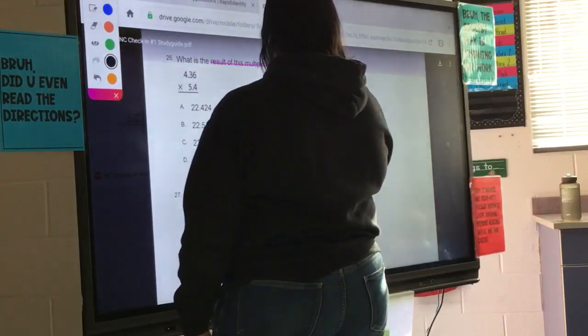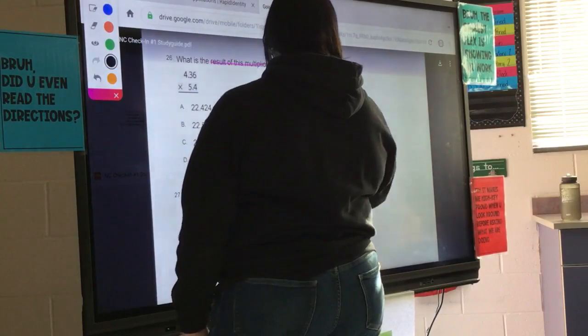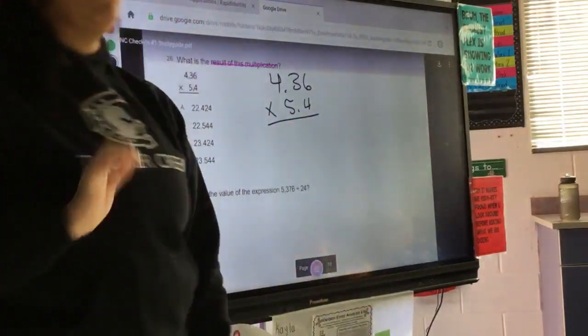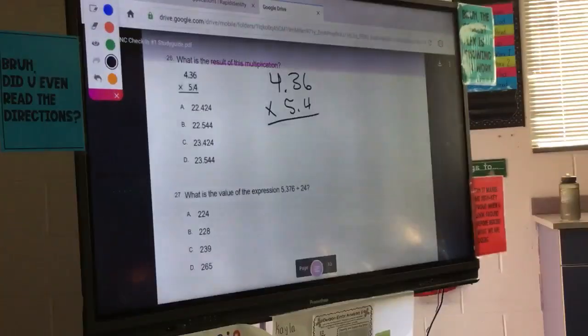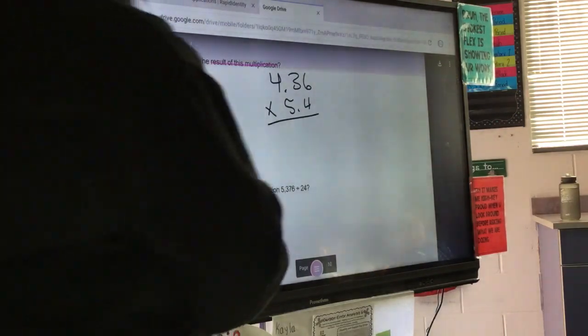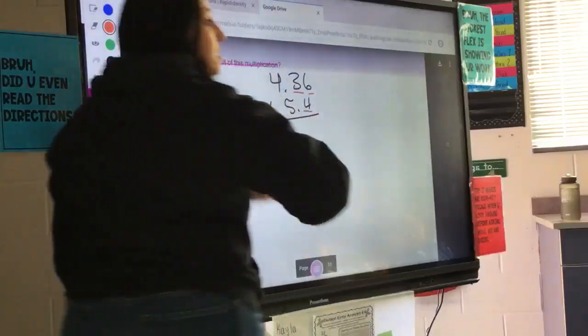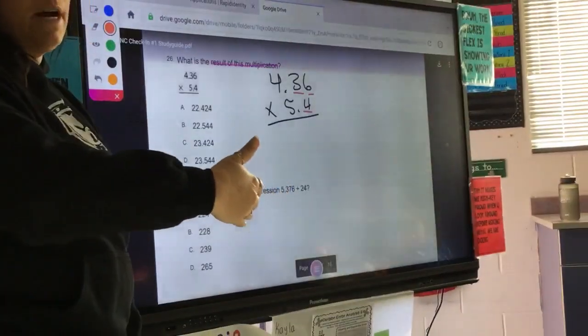What is the big thing that we have to remember when we multiply decimals? What did you notice when I set up this problem? What did I not do? Summer: I did not line up my decimals. Please do not line up your decimals, guys. Now, I do need to know how many places are to the right of my decimal though, correct?